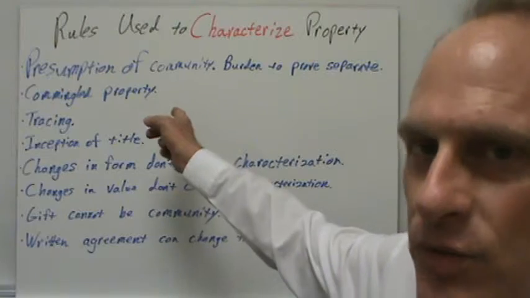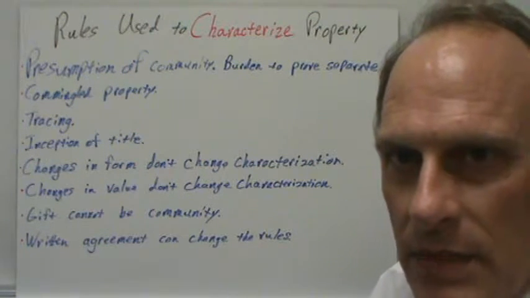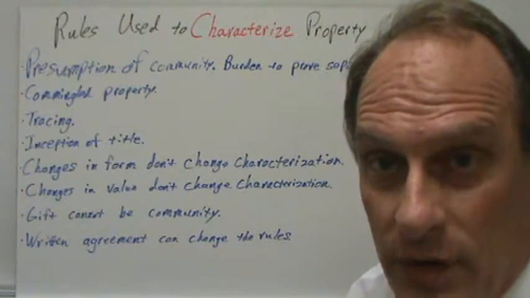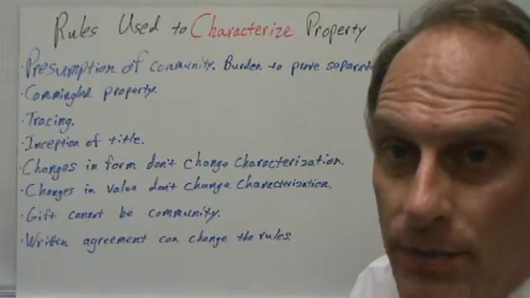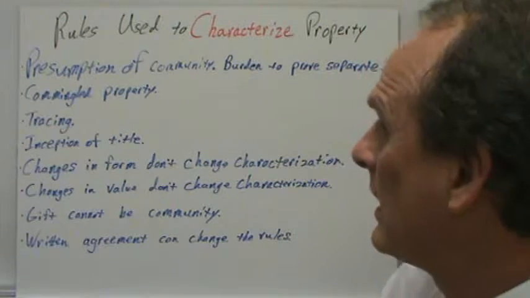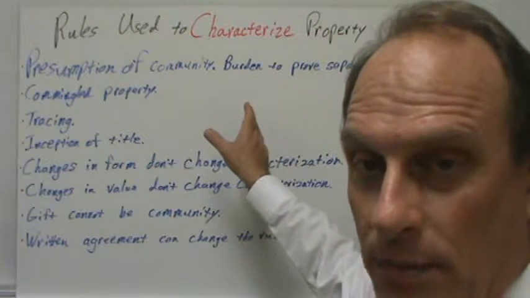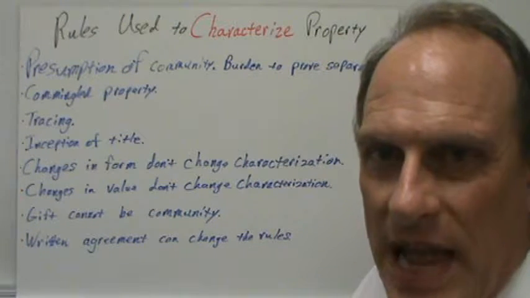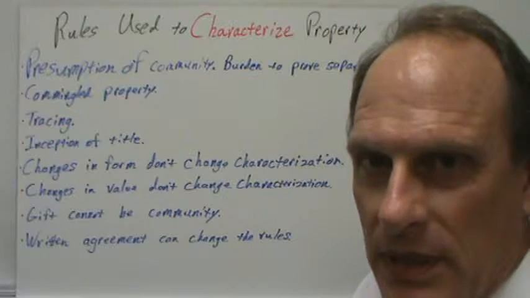Now, there is a presumption that property owned during marriage, at the time of the divorce or at the time of the death of one of the spouses, when the marriage is over, is community. That means if someone's claiming that a particular piece of property is actually separate, the burden is on that individual to establish the facts that that property is indeed separate property, not community.